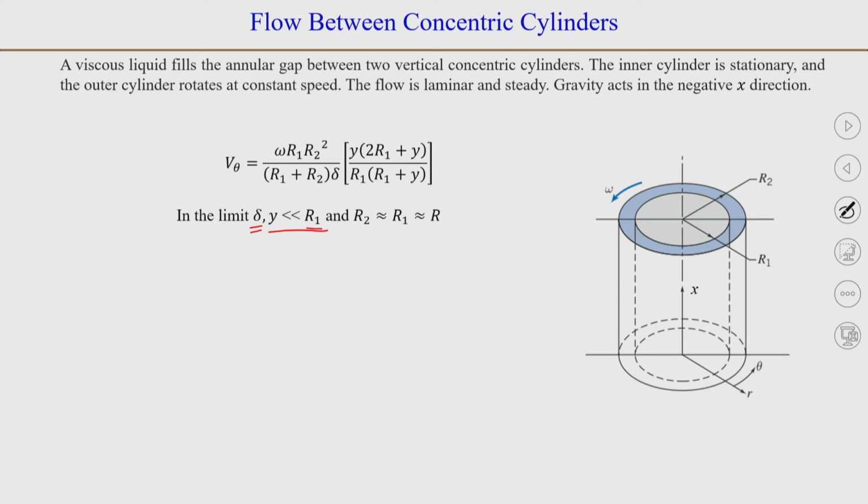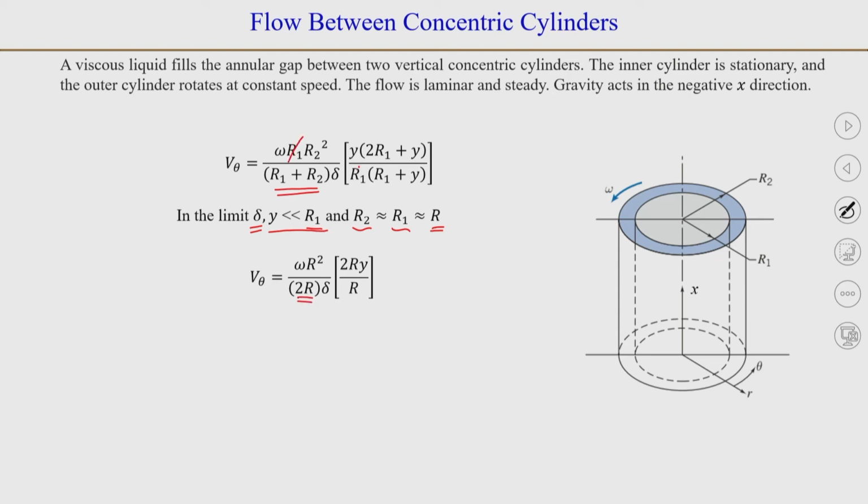So, in that case, you can also assume that R 2 and R 1 are approximately equal. So, you can write them equal to R. Now, if we substitute this approximation in here, you can write R 1 plus R 2 in the denominator here as 2 R.